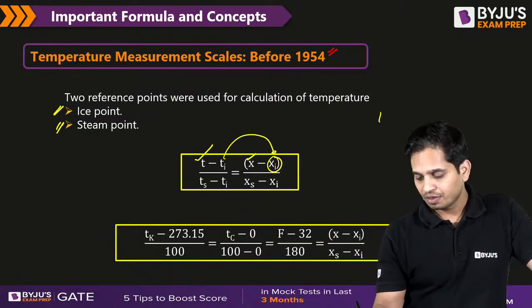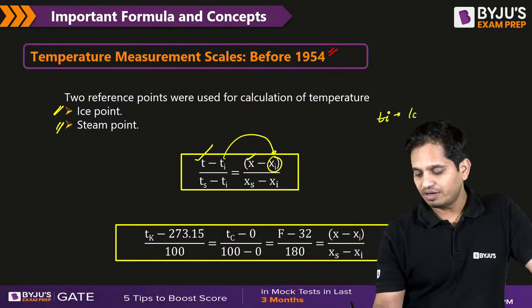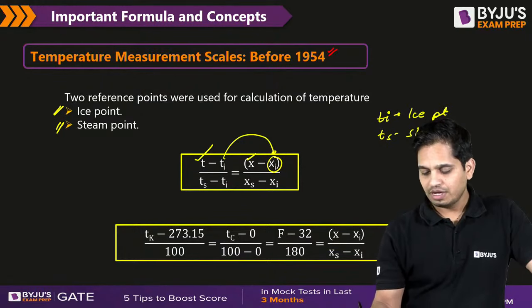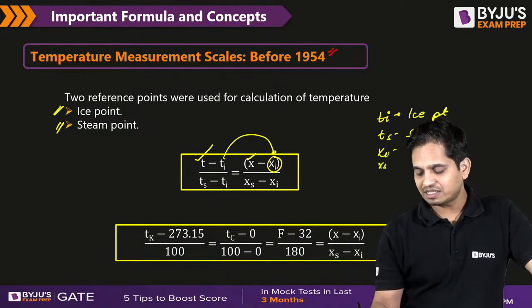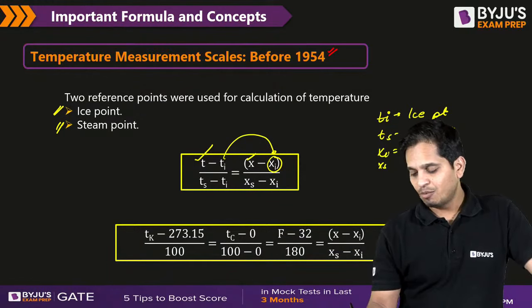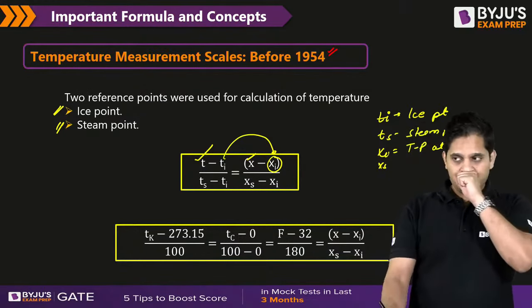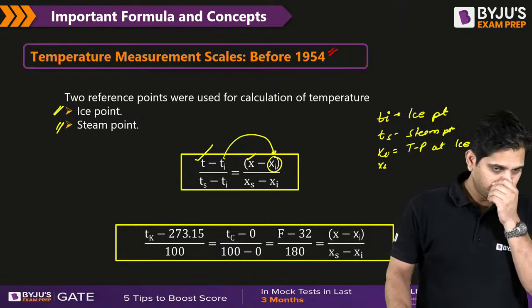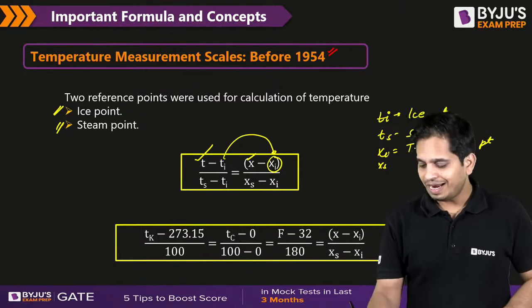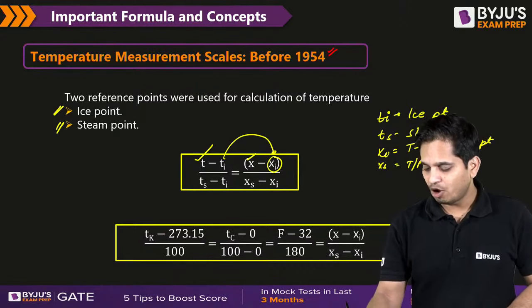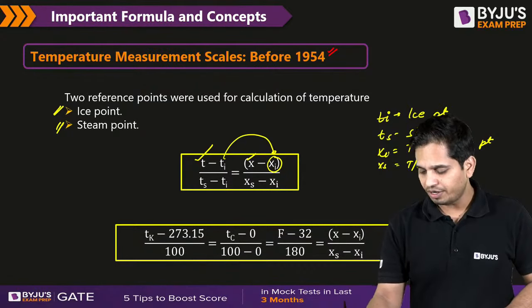Ti is ice point. Ts is steam point. Similarly, Xi is the thermometric property at ice point, and Xs is the thermometric property at steam point.